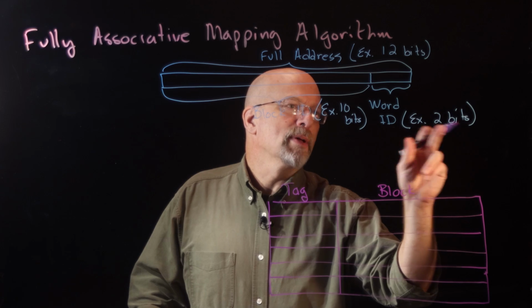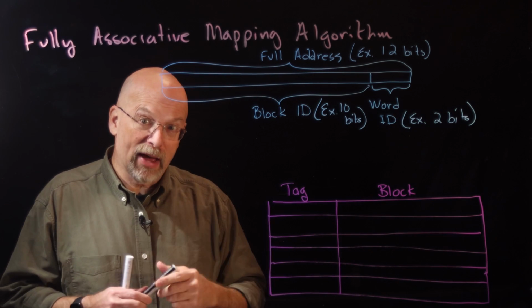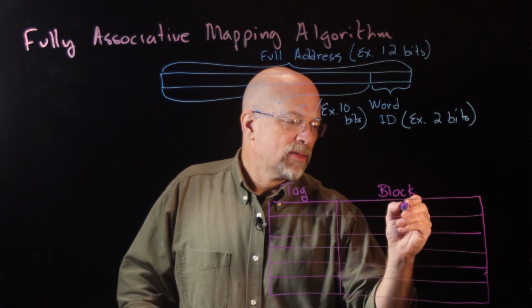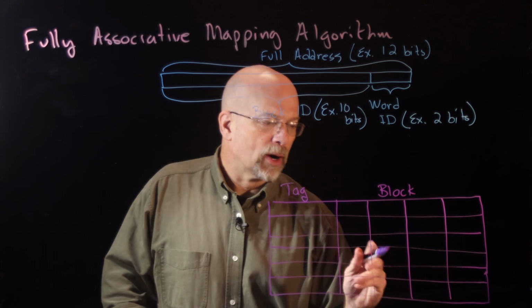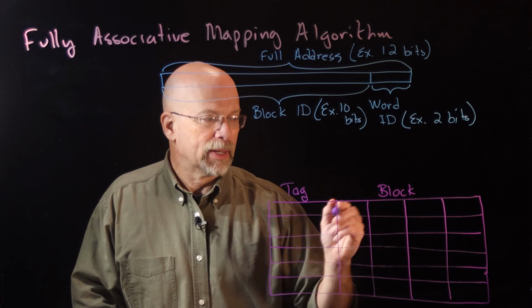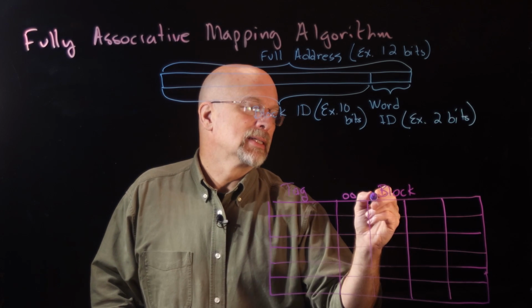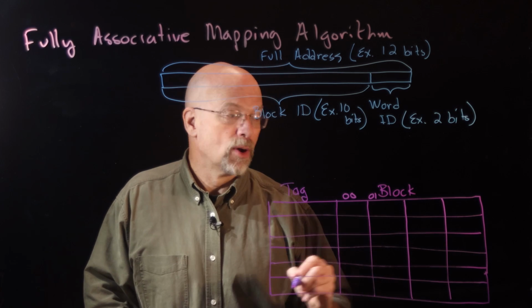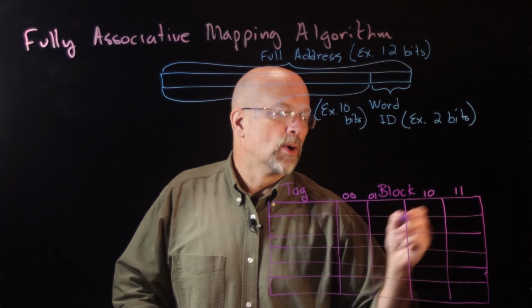Since we have 2 bits for our word ID, there's 4 possible patterns of 1s and 0s we can have, then that means that in every line, we are going to be storing 4 data elements. 1 for the word ID 00, 1 for the word ID 01, 1 for the word ID 10, and 1 for the word ID 11.